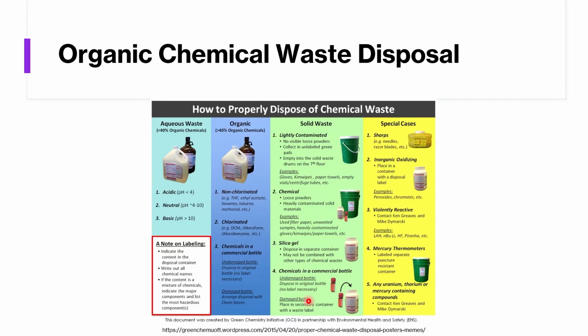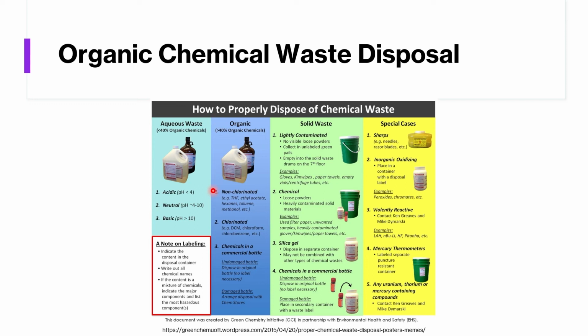Included on this slide is a guide for the disposal of chemical waste. What happens first when we look at the disposal of chemical waste is we need to begin to classify substances and collect waste in particular containers. So one thing that we can do is sort by whether or not the waste is aqueous or organic. If it's aqueous, we can then sort potentially by their pH, meaning that we can neutralize those substances in post-processing.